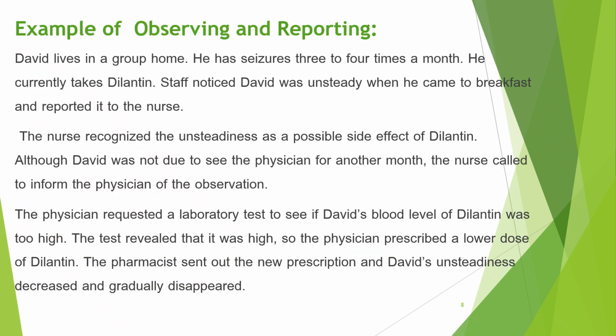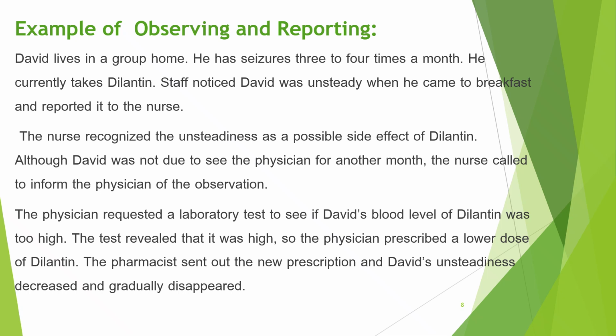Here's an example of how a DSP observes and reports. David lives in a group home. He has seizures 3 to 4 times a month. He currently takes Dilantin. Staff noticed David was unsteady when he came to breakfast and reported it to the nurse. The nurse recognized this unsteadiness as a possible side effect of Dilantin. Although David was not due to see the physician for another month, the nurse called to inform the physician of the observation.